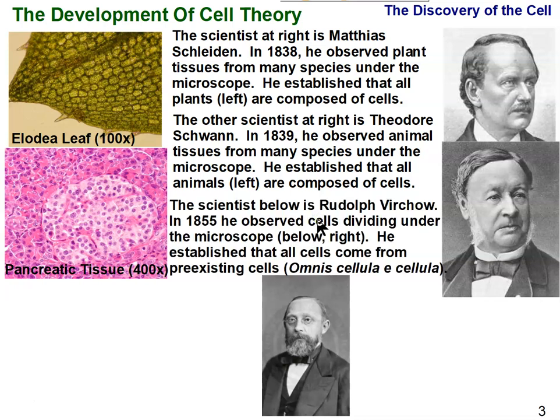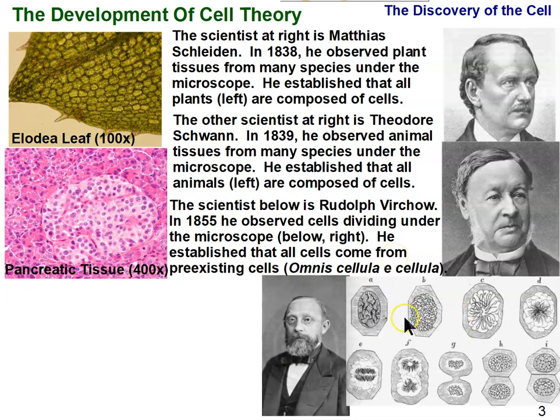All living things are composed of cells. That's basically one part of cell theory. And don't worry, we'll list the three components of cell theory in a minute. But here we see Rudolf Virchow, and in 1855, he was observing cells under the microscope. And these are drawings that he made from the cells that he observed.